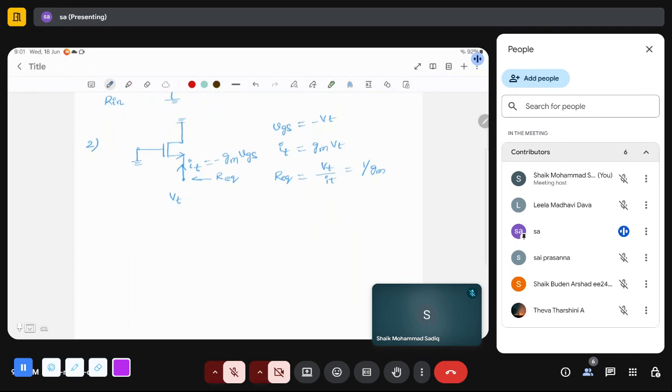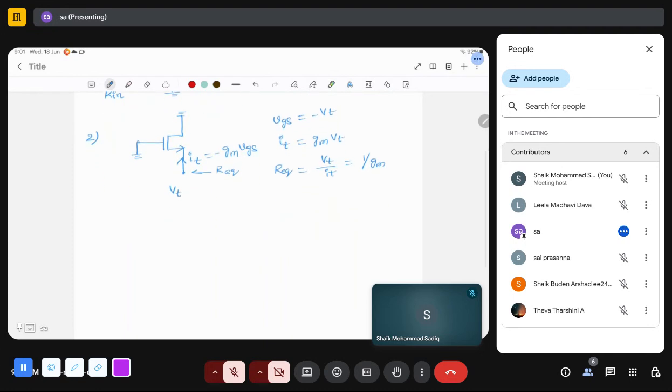For those who are not able to follow this, I will go into small signal analysis and explain. See, what is the equivalent circuit for a MOSFET? You have your VGS, the current GM VGS, and this is the potential VGS.